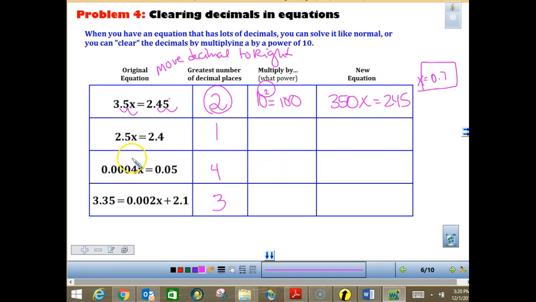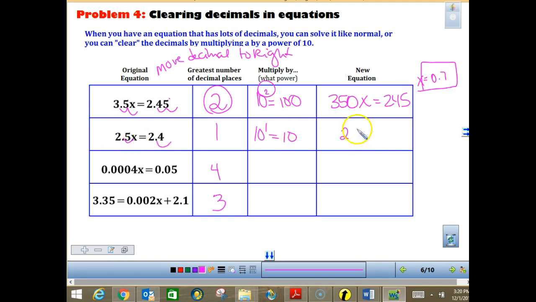Now, here's what I don't want to see: you taking 2.5 times 10 to the first, times 10, right? Because all this means is move your decimal over 1 place to the right. So our new equation, if we were going to write it, would be what? Move each of these over 1 place. It was 2.5.